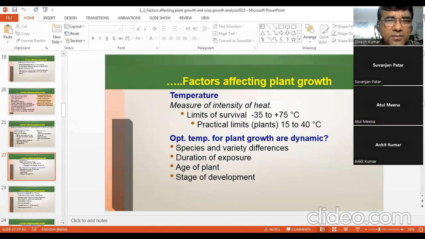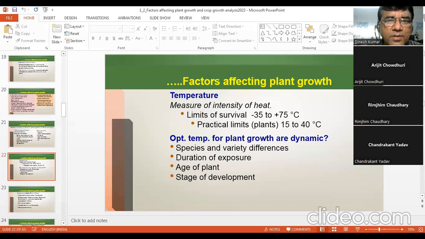Sir, reactions, photosynthesis, transpiration. Yeah. Sir, photosynthesis, respiration. Okay. Any other? Sir, the plant needs a certain amount of heat units for development.